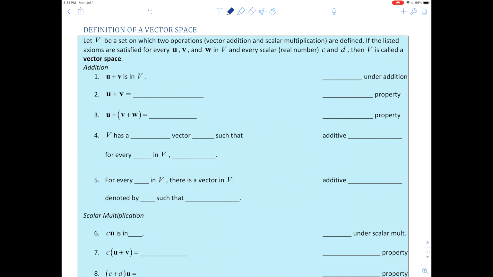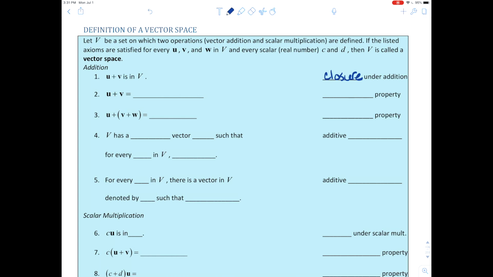So the first 5 properties are all for addition. If you sum 2 vectors from the space, then you need to get another vector that's in the space. That's closure under addition. These are just like the ones for vectors.